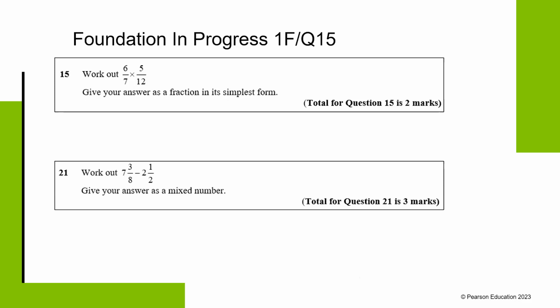For question 21, I want to pick up again that there was only a 38% success rate here on the foundation tier. We know these types of questions are challenging for our foundation students, but the majority of the students that gained a mark were those able to convert the mixed numbers into improper fractions, and the most common incomplete answer seen was 39 over 8.